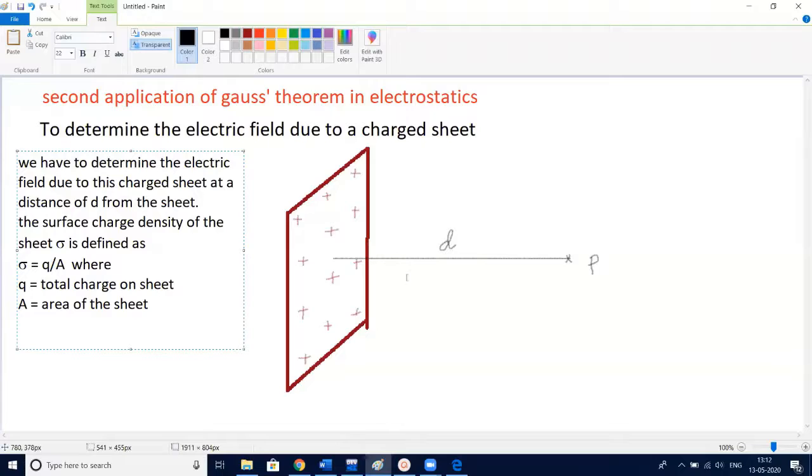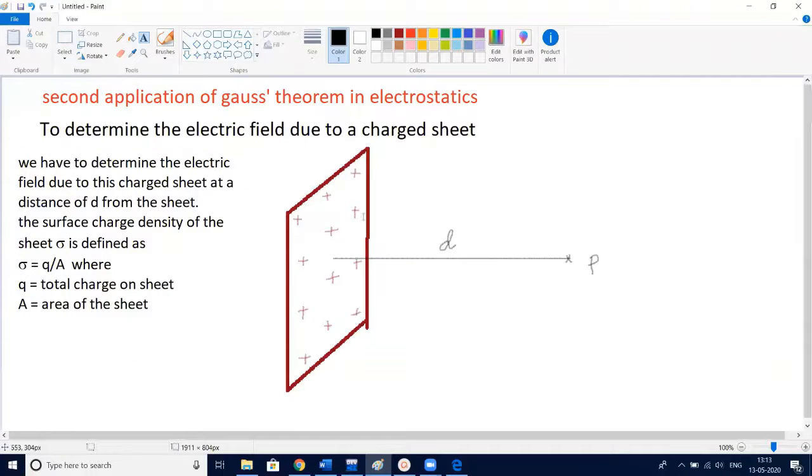Now, in order to do this, we are going to use Gauss's theorem. So, in order to use Gauss's theorem, we need a Gaussian surface. What are the conditions for selecting a Gaussian surface? It should be a regular surface, number one. And number two, the point where we want to find the electric field should be on the surface.